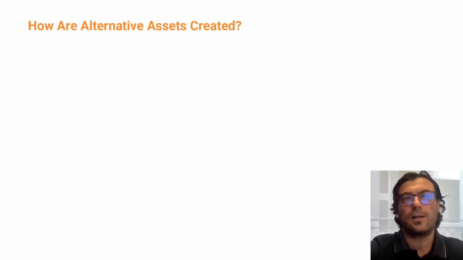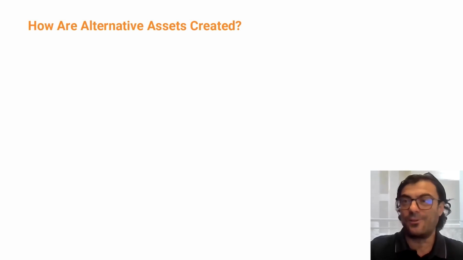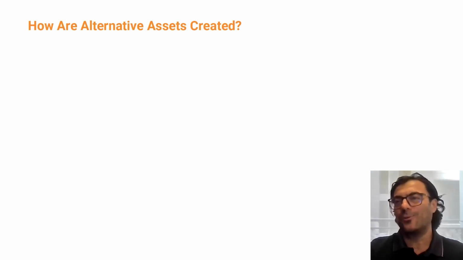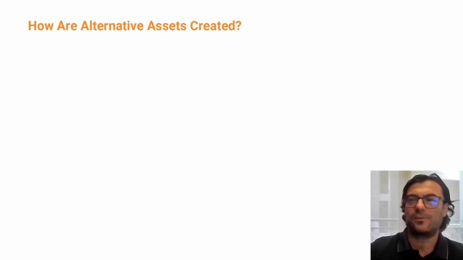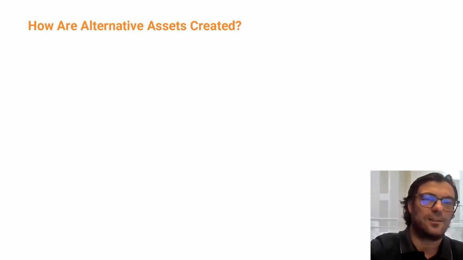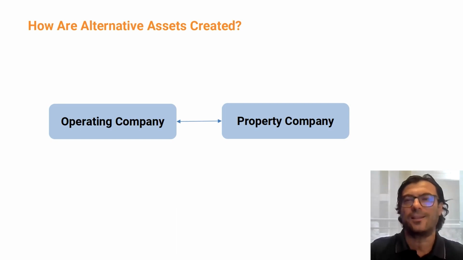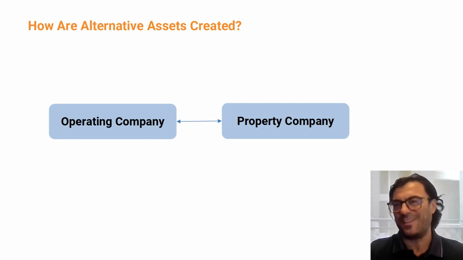So how are alternative assets created? Think of a school. Traditionally, the government will build the school and will operate it, the same for hospitals. However, when the government requires the private sector to operate and deliver certain essential services, the private sector operator will create an operating company.